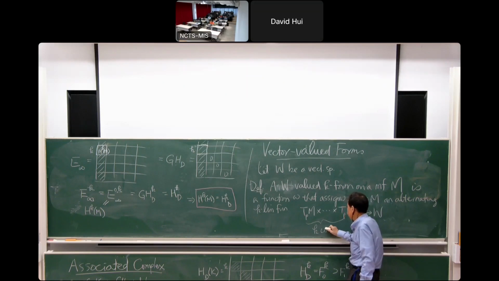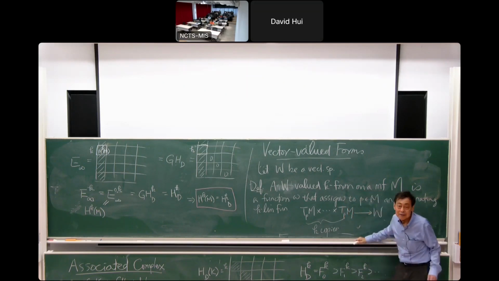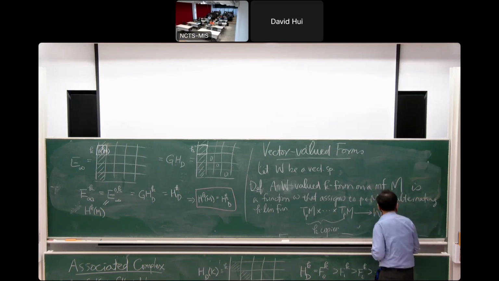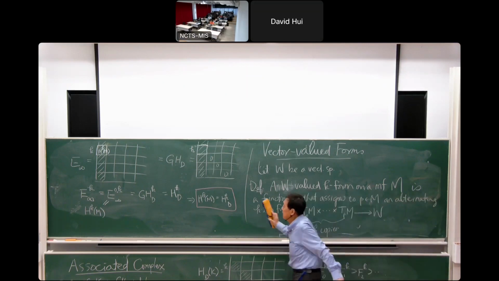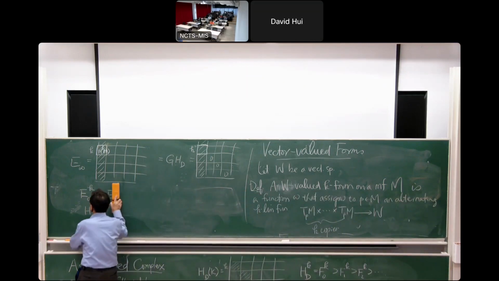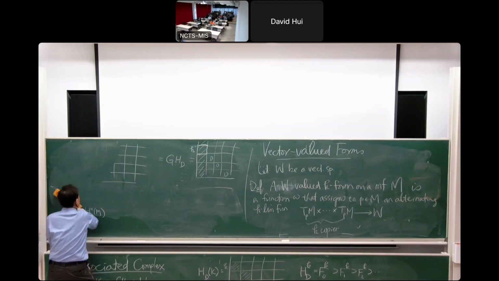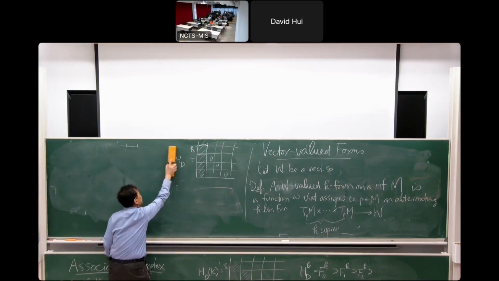So, okay, now how do we define the exterior derivative of a vector valued form? It's very simple.